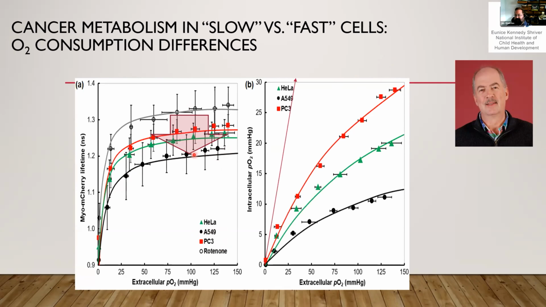You can see they consume a lot of oxygen. You can see that HeLa cells are intermediate, and slow growing prostate cancer cells consume less oxygen. And using rotenone as a calibration curve, you can take any point, go back to that curve and down. You can correlate the extracellular oxygen to the intracellular level for these different cell types. So that's a handy tool.